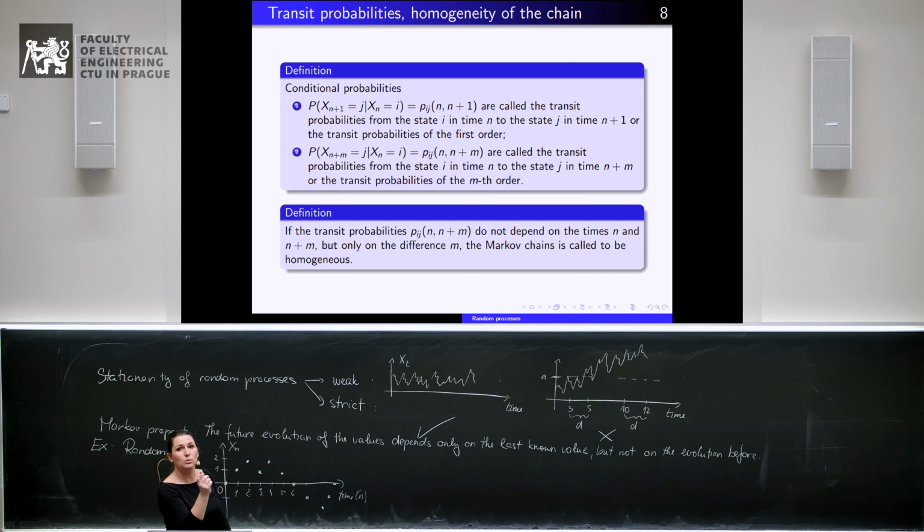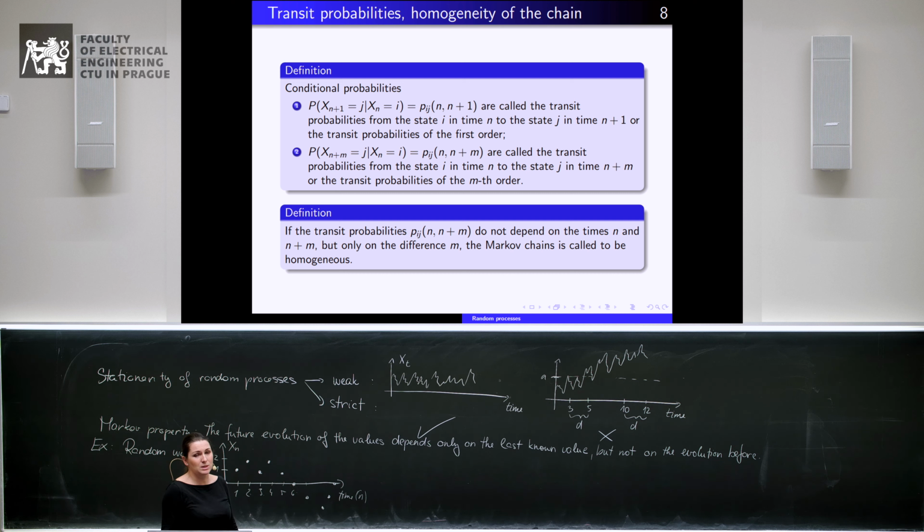When we care only about the difference of the times and not about the time where we are, we call this process homogeneous. And in this lecture, we will consider only these homogeneous processes. It doesn't depend on the time n where we are.